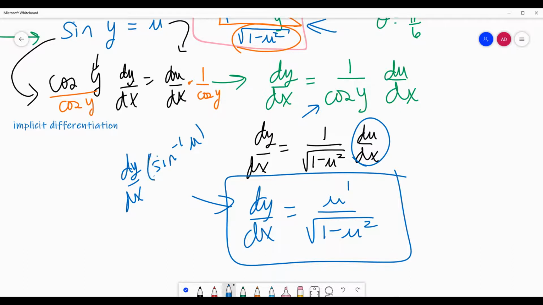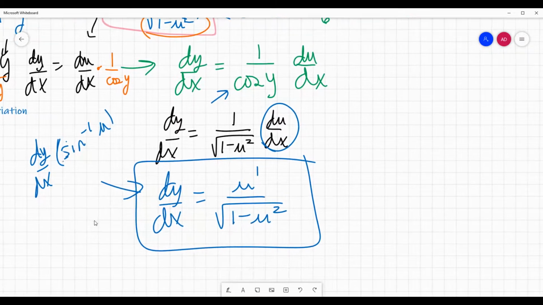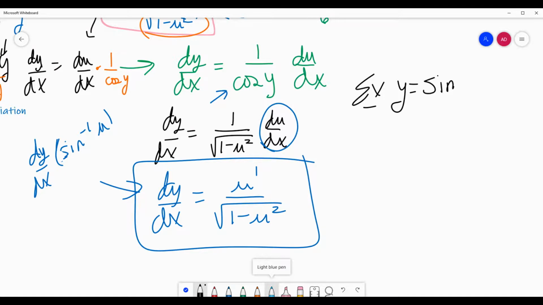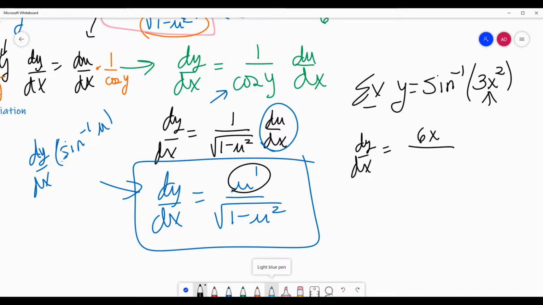Cool. So you might be saying, how does this even work? Well, if you're asked to find, let's say, y is equal to the arcsine or inverse sine of 3x squared, that means y prime, dy/dx, is u prime over the square root of 1 minus u squared.